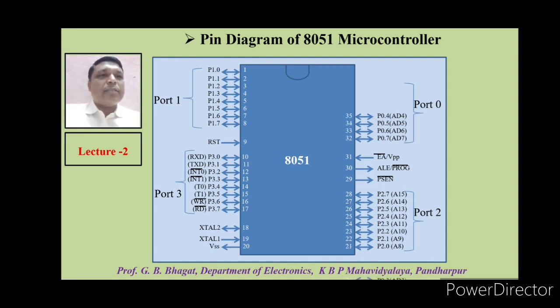Here the basic function of port 0 pins is simple IO. Also the basic function of port 2 pins is simple IO. The alternate function of port 0 is the multiplexed address data bus. In bracket here the alternate functions are given, that is AD0 to AD7.